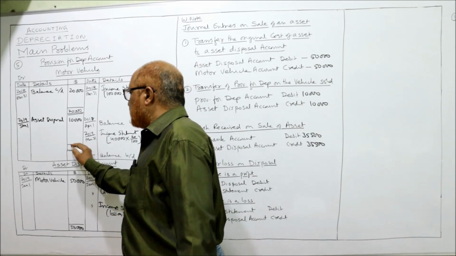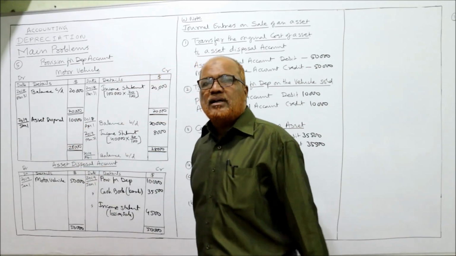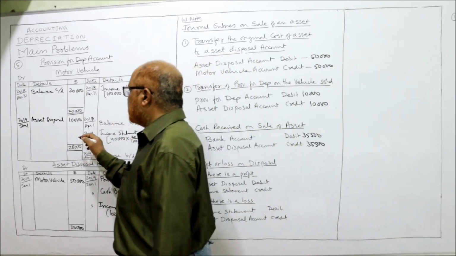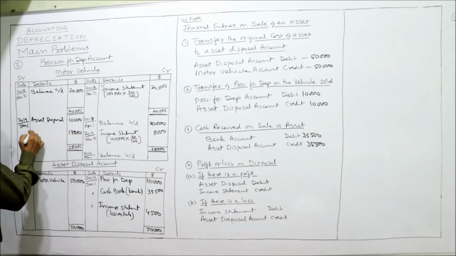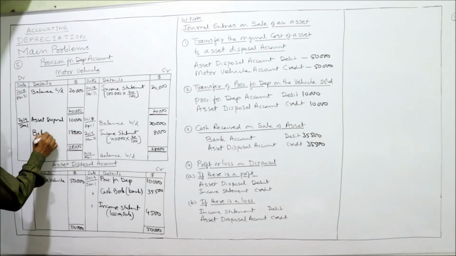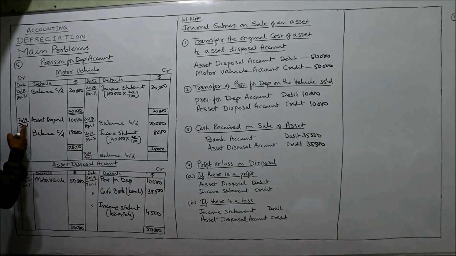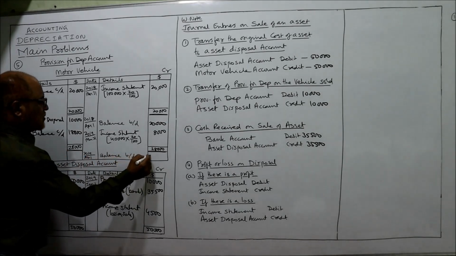Here also I am writing 28,000. From 28,000 deduct 10,000. So 28 minus 10, 18,000 is the carrying value. 18,000, balance carried down. Last date, 2019 March 31st.